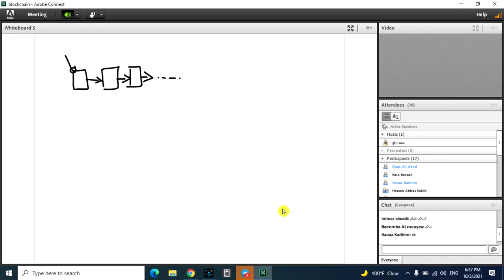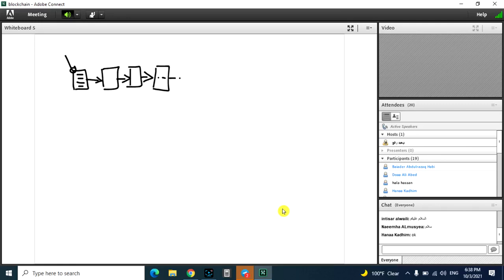Each block contains some transactions, and also each new block at the end of the chain is added by a node which is called miner. We will discuss all these concepts in detail in next lectures.